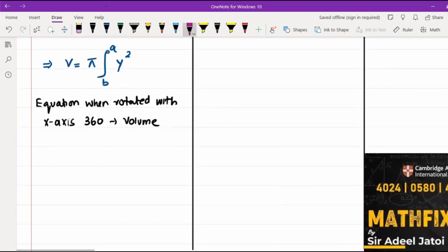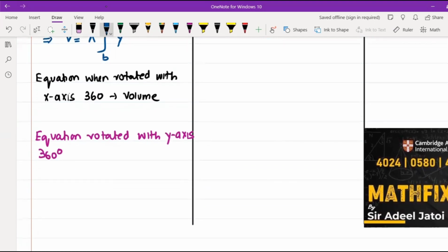Whereas if the same equation is rotated with y-axis 360, in this case your volume will be pi integration with limit, but now you will be doing x square.